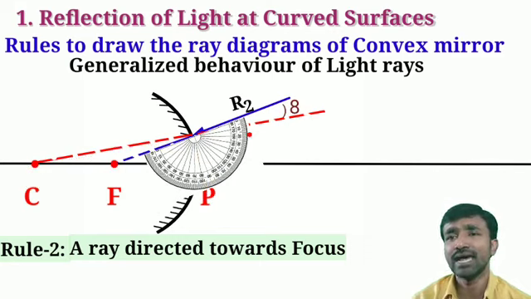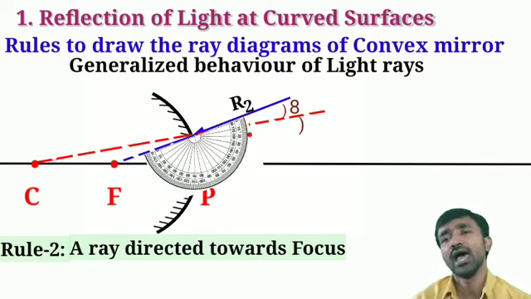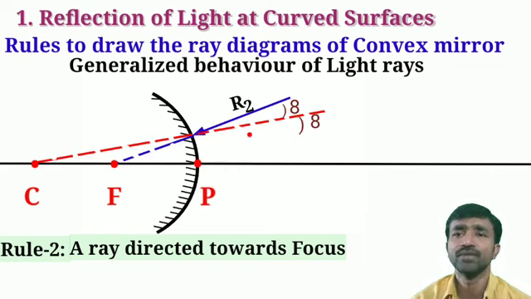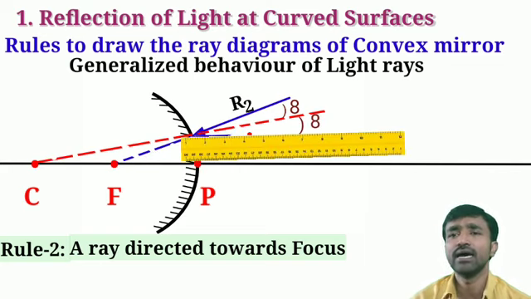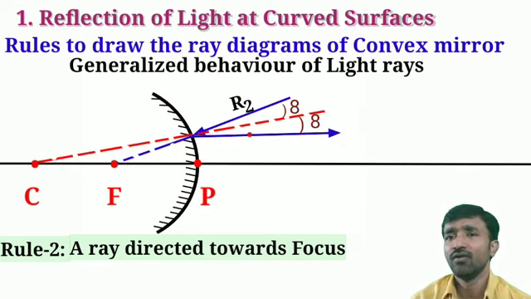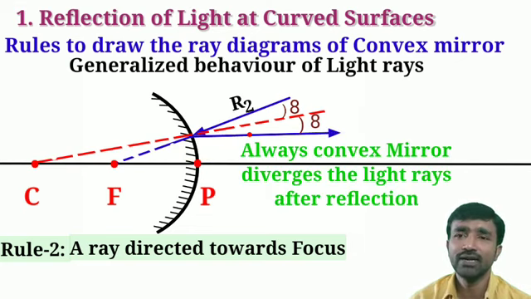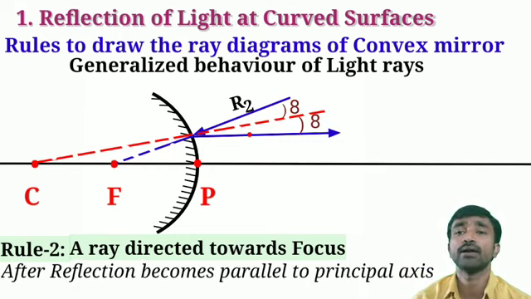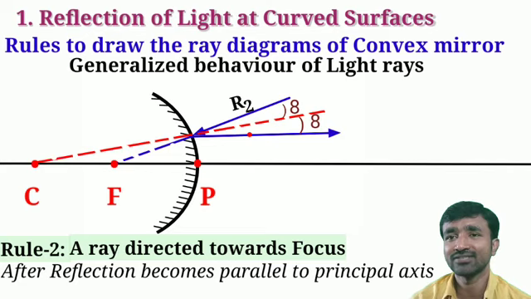Then measure the angle of incidence, and the angle of reflection is the same. Then construct the reflected light ray and generalize. Any light ray directed towards the focus becomes parallel to the principal axis after reflection. This is the generalized rule.